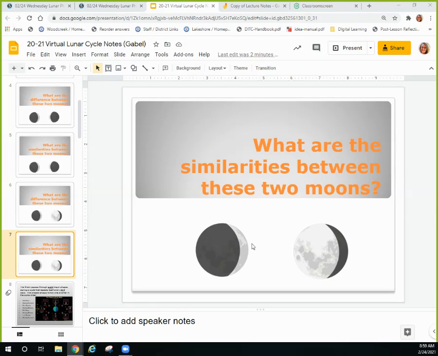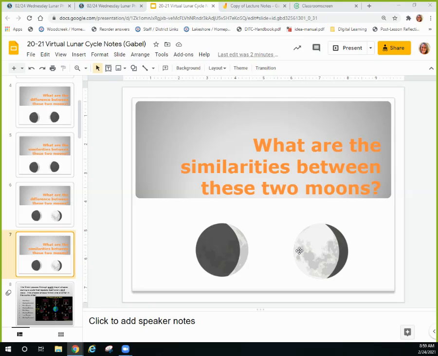So we noticed that the line between the shade and the light is in the same location. So there's a line on the right and there's a line on the right. But this part is shaded and this part is light. So if you just looked at a blank circle with a line drawn, they would be the same moon.